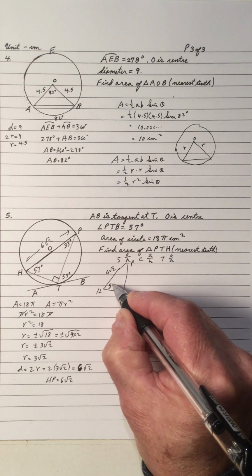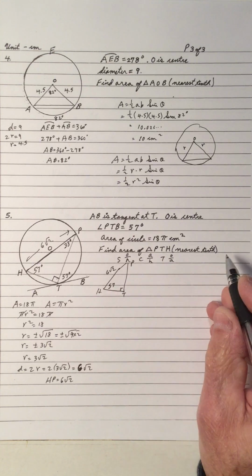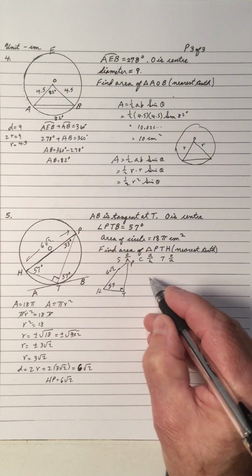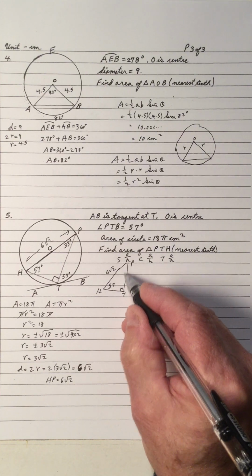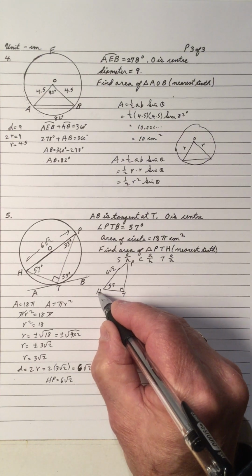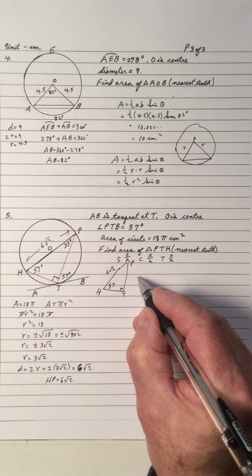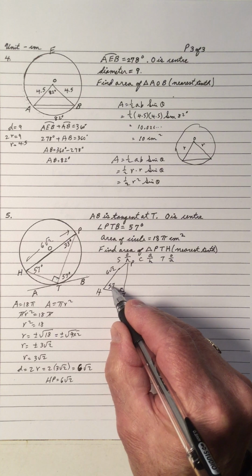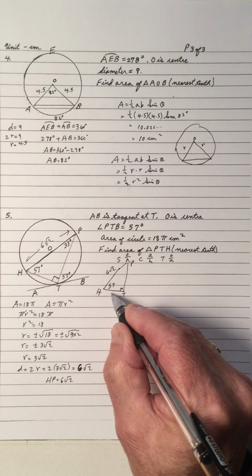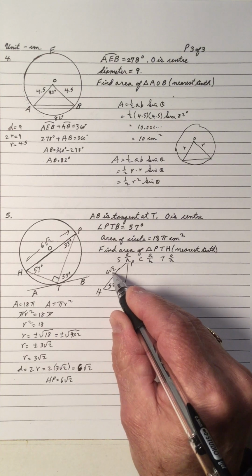This is a 57. This is the 90. I want to find this side right here. So if this is adjacent, that's opposite, that's hypotenuse.